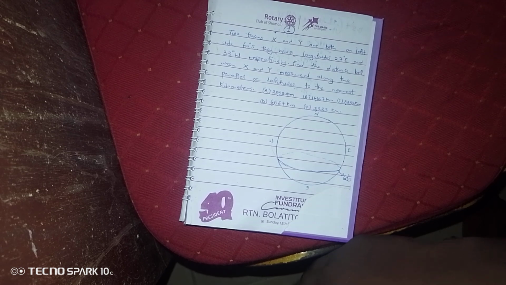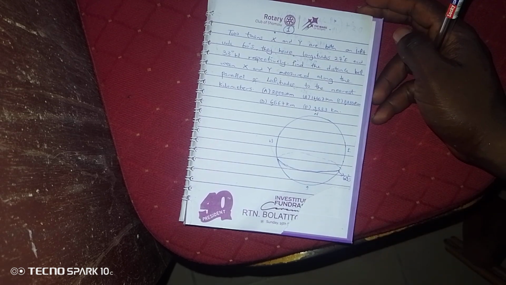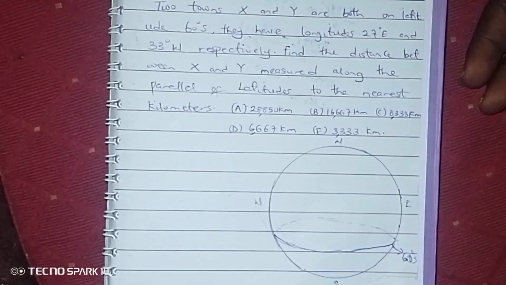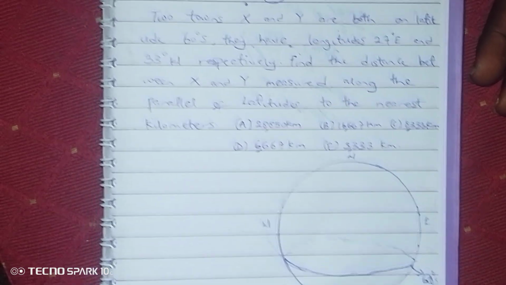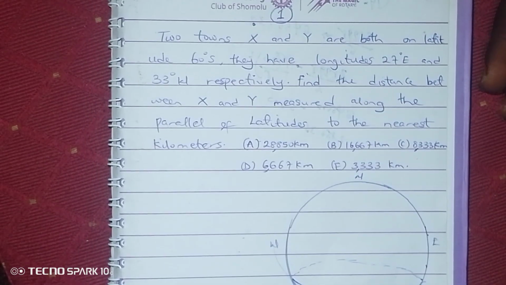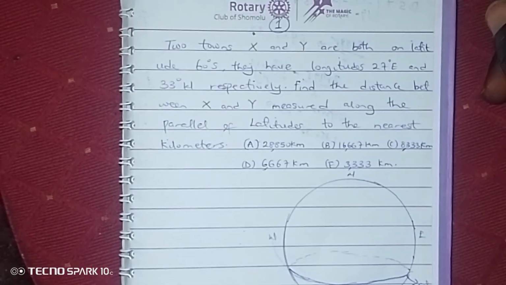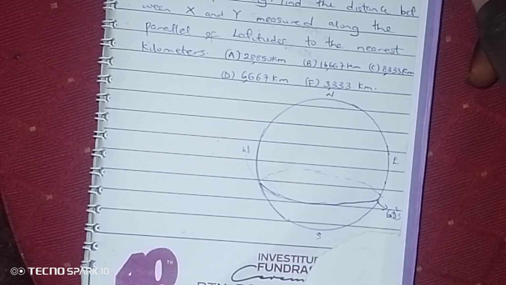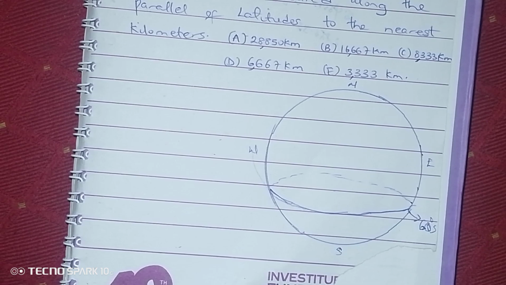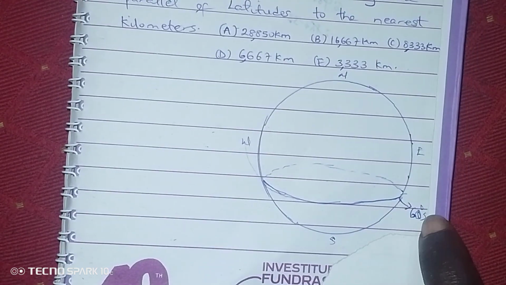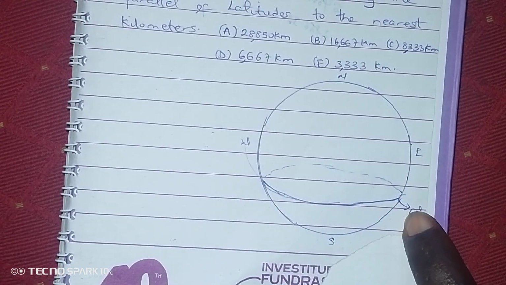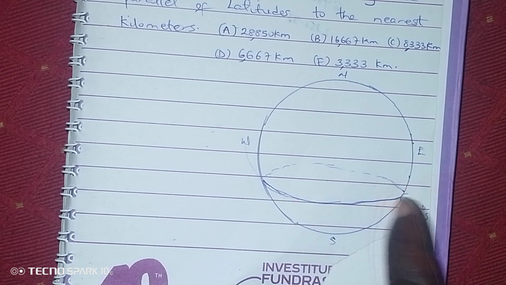You may need to view the question boldly so you get what it's all about. If you need to write it, this is what the question is. You can pause it and write the question. All right. Thank you. Now, on the diagram, I located this place as the 60 degrees south latitude, because it's the parallel of latitude.